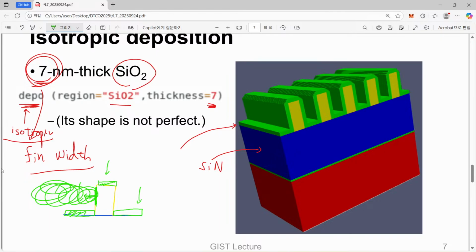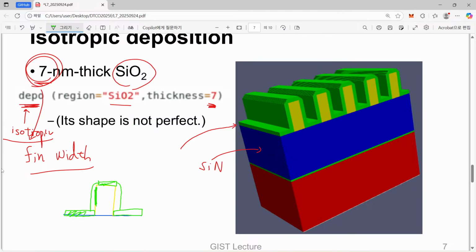Then what will happen? We will see quite a conformal behavior of a final deposition profile.